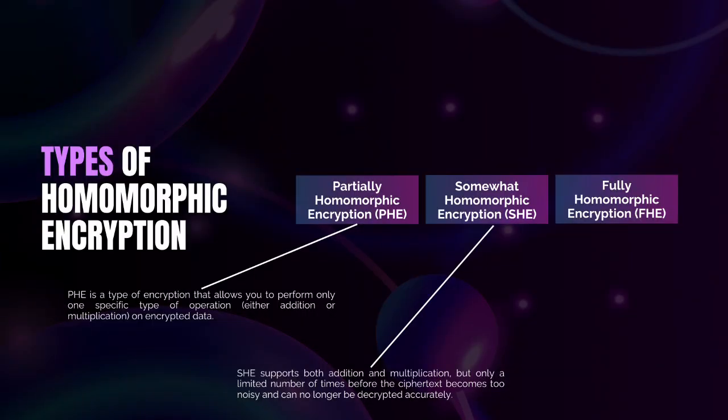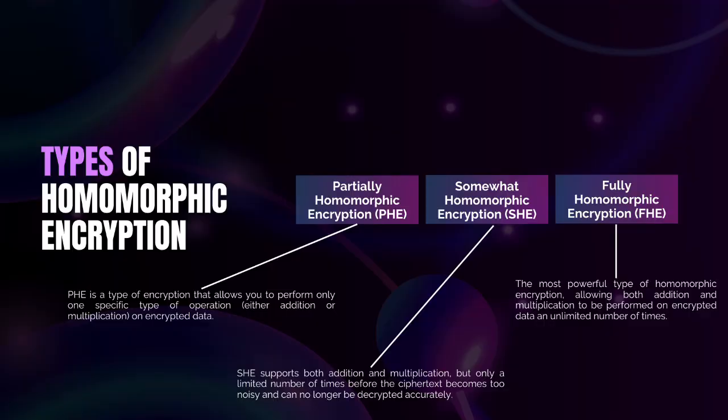Somewhat homomorphic encryption is like a combination. It allows both addition and multiplication, but only a limited number of times, right? So you can add and multiply some numbers on the encrypted data, but after a certain point, it becomes too complicated and you will have to decrypt it to continue.